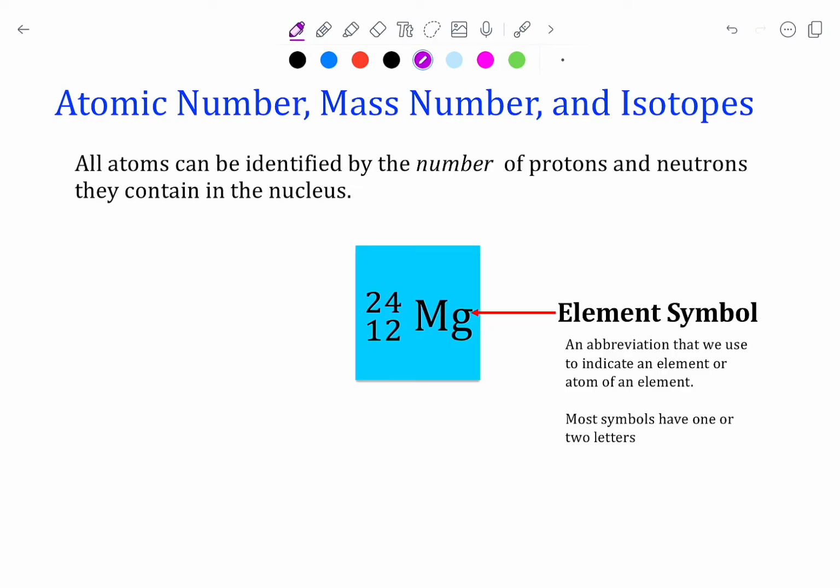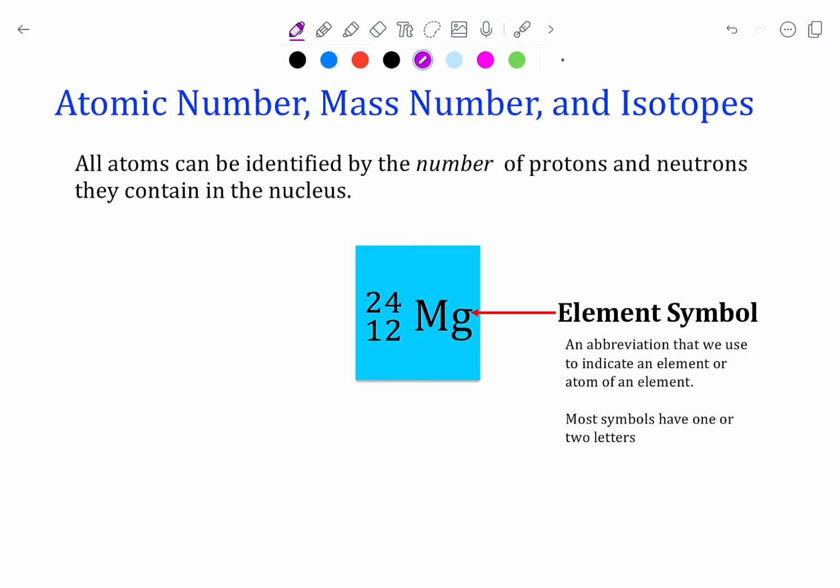So let's start talking about all the different elements on the periodic table and how we can find out how many protons, neutrons, and electrons they contain. Because with every new element, we have a different number of protons, neutrons, and electrons. So all atoms can be identified by the number of protons and neutrons they contain in their nucleus.